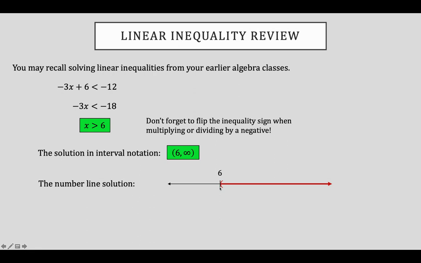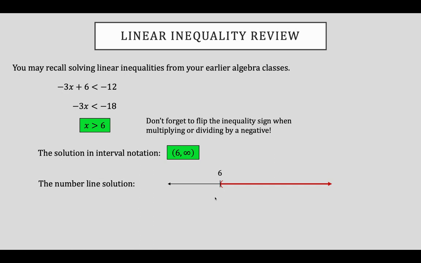That's perfectly acceptable if you want to use open circles and closed circles. I just like using parentheses and brackets because they match up with the interval notation. If I have a parenthesis at 6 in my interval notation, I should have a parenthesis at 6 on my number line.